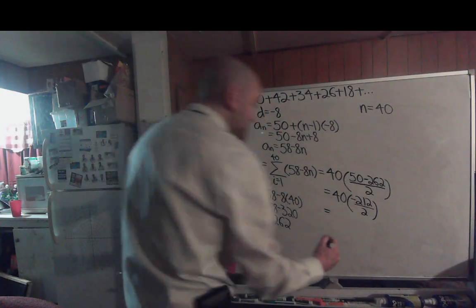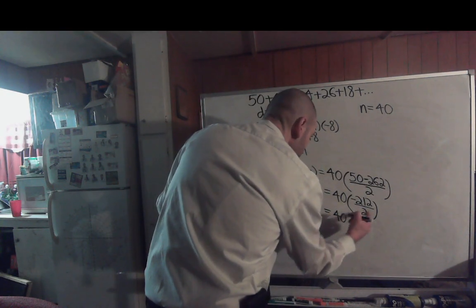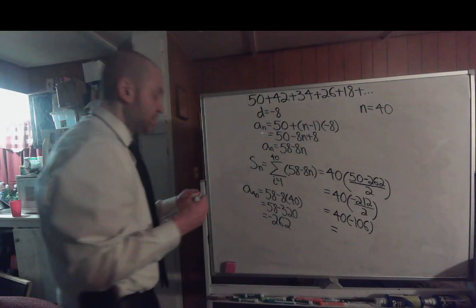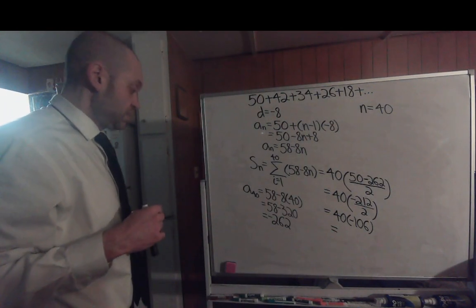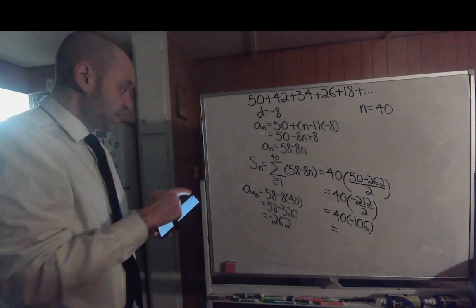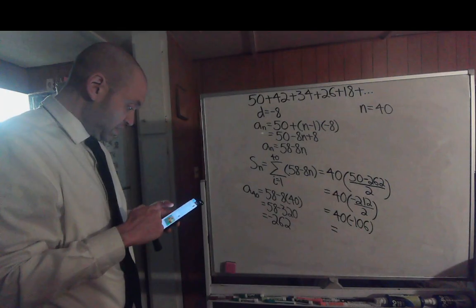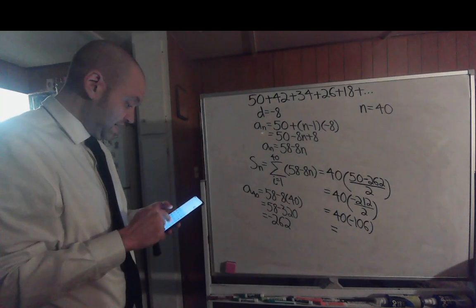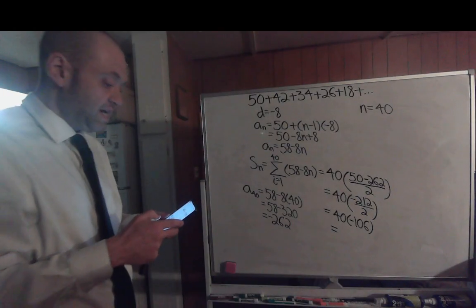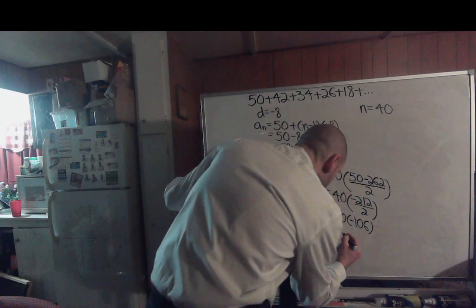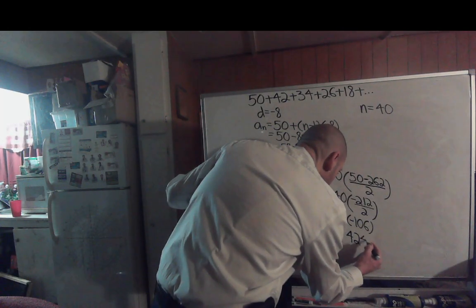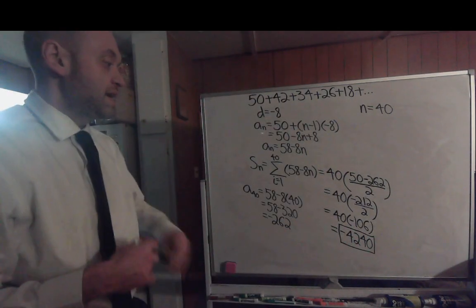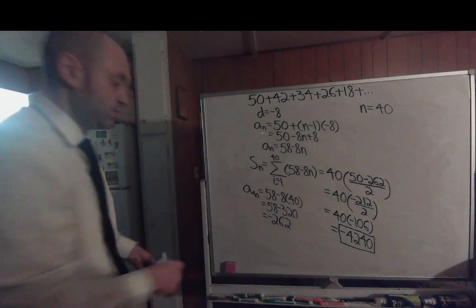So 40 times, this simplifies into negative 106. So now let's see, 40 times negative 106 is negative 4,240. So the sum of the first 40 terms would be negative 4,240. That's exactly what you would get for the sum of the first 40 terms.